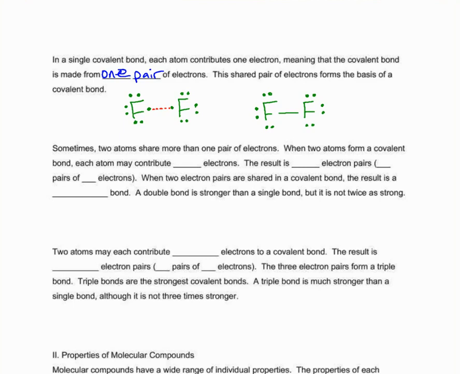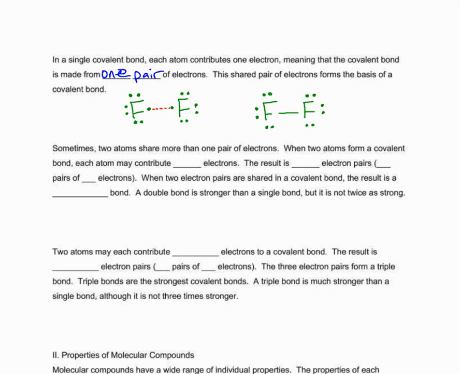And so this fluorine on the left thinks that it has 1, 2, 3, 4, 5, 6, 7, 8. And this fluorine on the right thinks that it has 1, 2, 3, 4, 5, 6, 7, 8. And so both of them are happy. They both think that they have a complete octet.